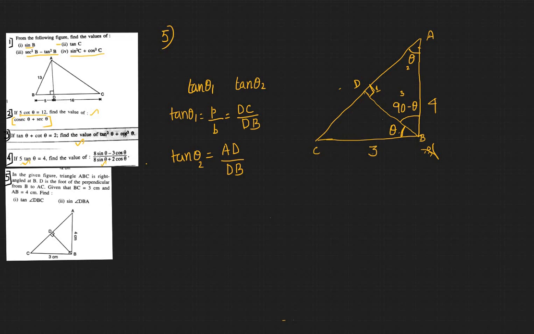And then if this is 90, this is 90 minus theta in the triangle DBC. So the moment you understand these various angles, the problem becomes simpler, because here instead of theta 1, I can say this is tan theta, and here theta 2, this is tan of 90 minus theta.